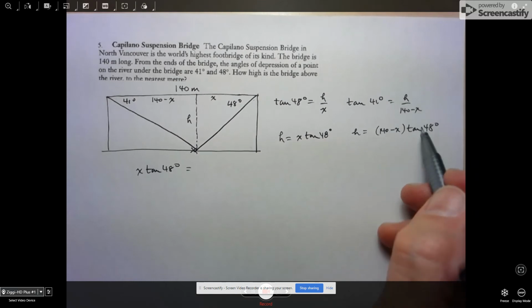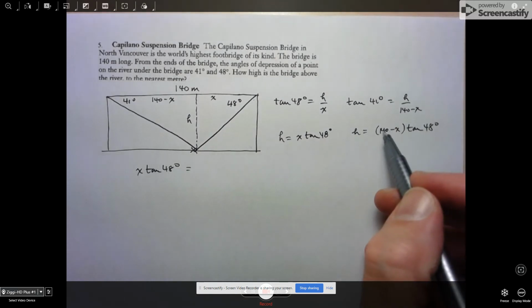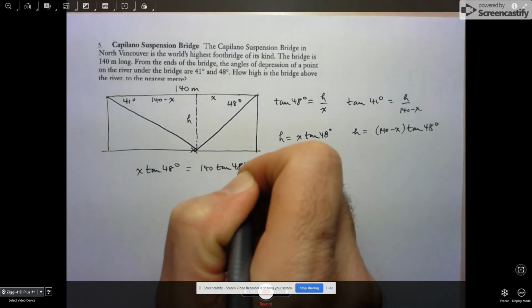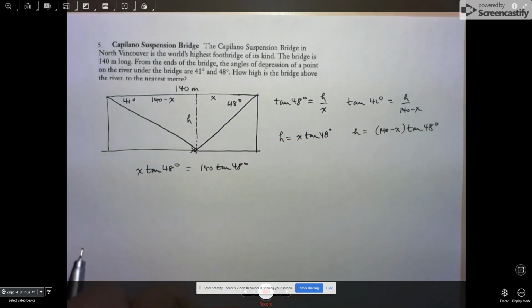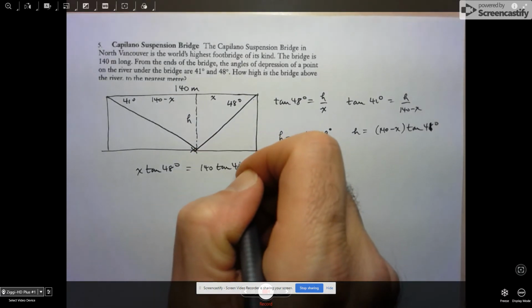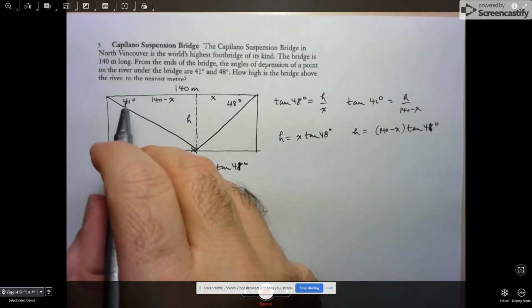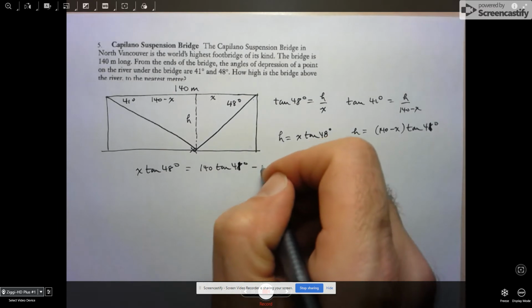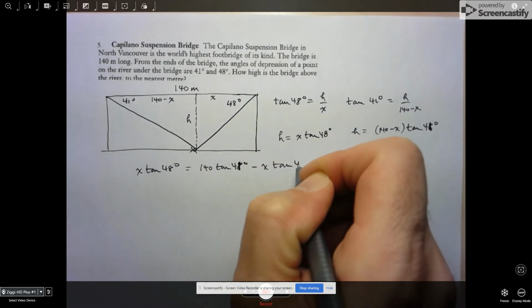Equals, now I know I'm going to have to distribute this, so I might as well distribute it now. 140 tan of 41. I just realized here, this should be tan of 41. Sorry about that. Okay, let's fix that here, because we were working with this left-hand triangle. And then here we've got minus x times tan of 41.